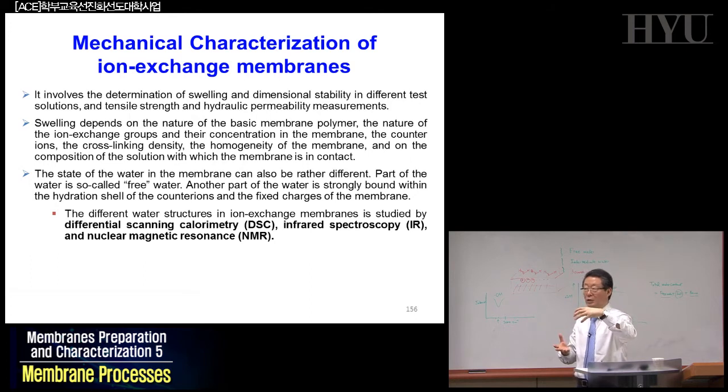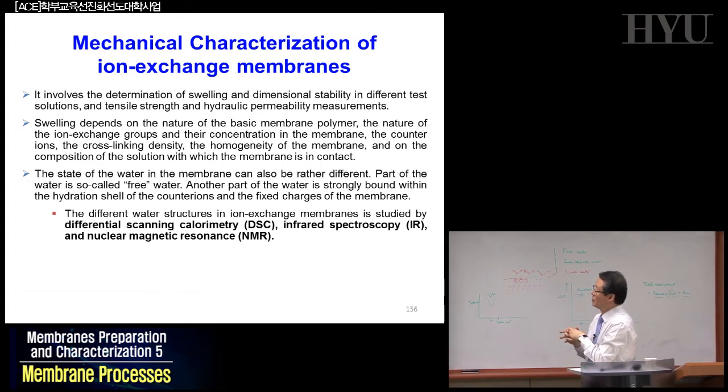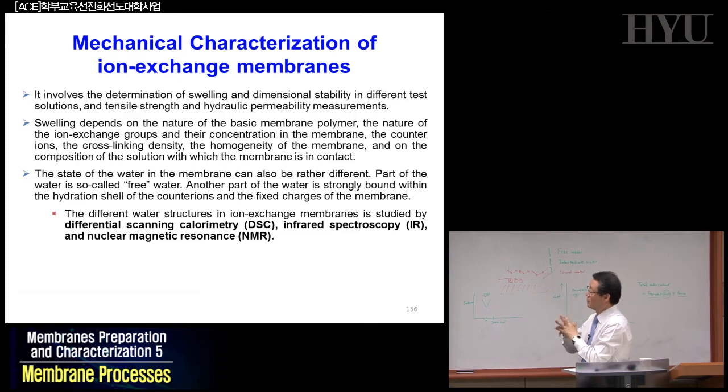The swelling usually lowers your mechanical property for your linear polymer, but if it's cross-linked, then it's a different story. Okay? It's a little different story. So the swelling will change your mechanical property, but the swelling depends upon the number of ionic groups that you have, and the number of hydrogen bonding capability of your membranes.